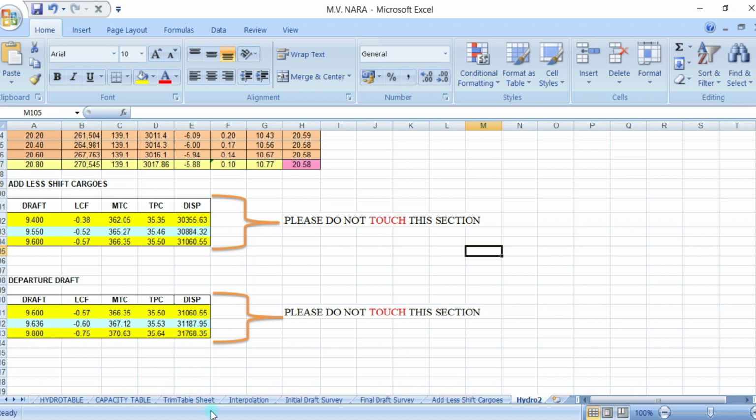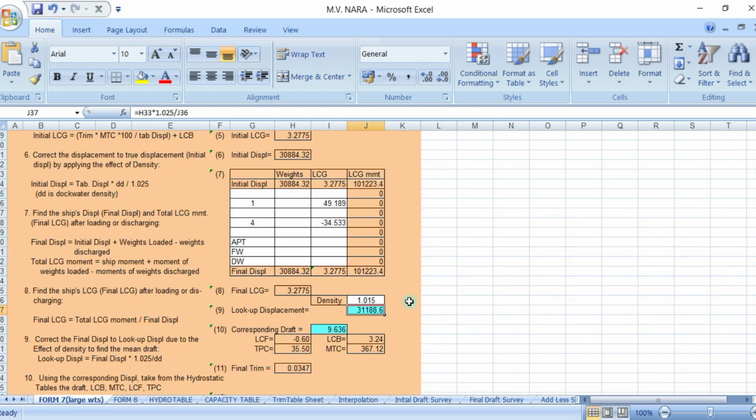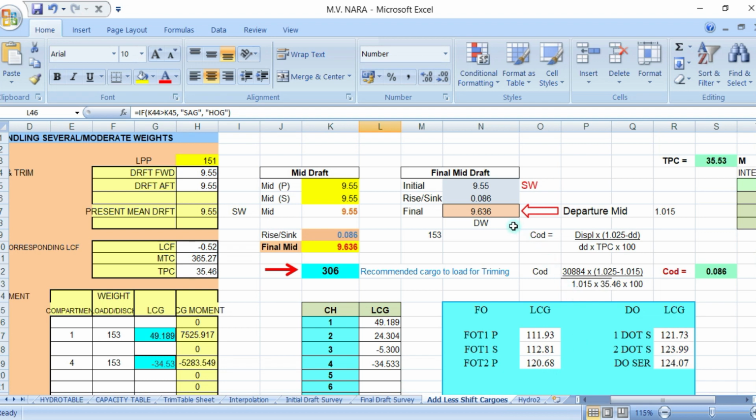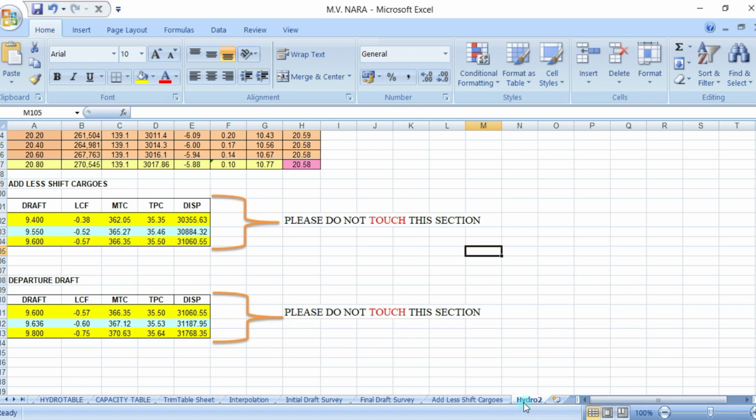So it's the same. So the final answer is 9.636, and this displacement is 31187.